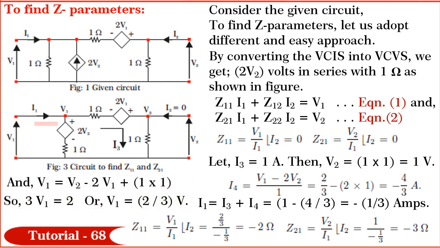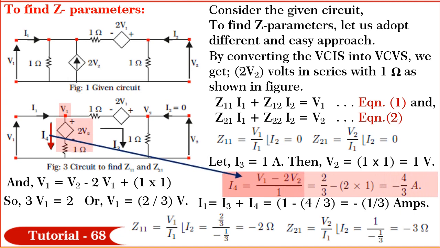Further, let I4 be the current flowing through 2V2 volts in series with 1 ohm. Then I4 is equal to V1 minus 2V2 divided by 1 and that is equal to 2 divided by 3 minus 2 into 1, and hence I4 is equal to minus 4 divided by 3 amperes.